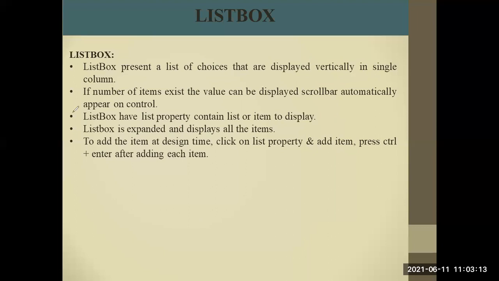As I already said, the list box lists all the choices, or all the input items, that are displayed in a vertical manner. Whatever list is available will be displayed. Once you click on the list box, it will display the items in a vertical manner in a single column.